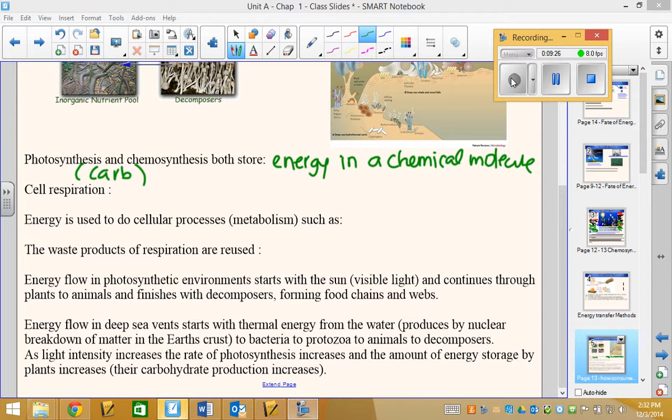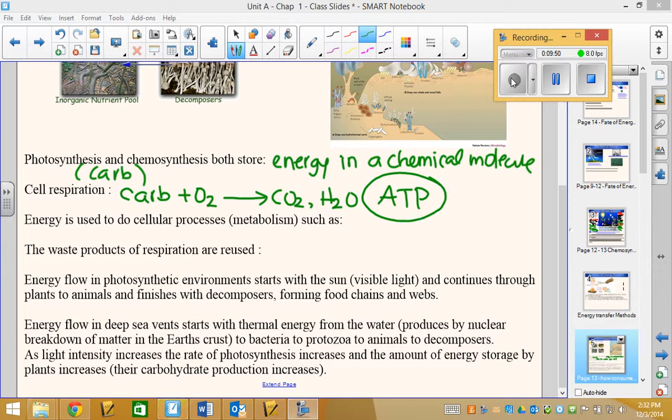A carbohydrate will be digested and eventually give you glucose. And glucose is what cell respiration uses to provide energy. So in cell respiration, that carbohydrate and oxygen will produce CO2, H2O, and energy. And energy is what we're focused on, because that's our topic, is where is energy going.